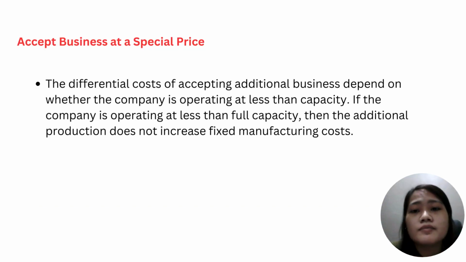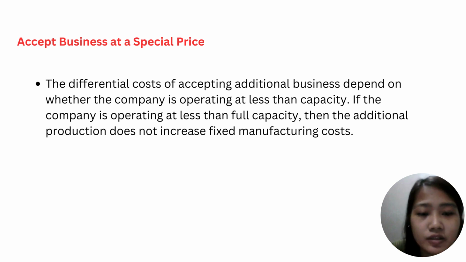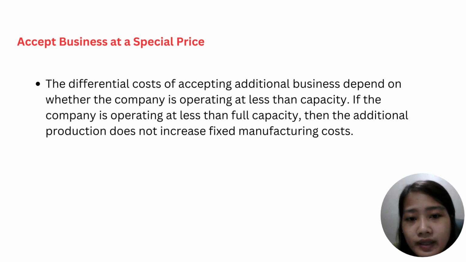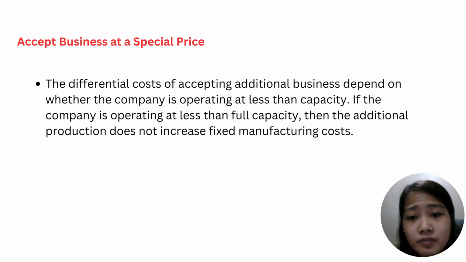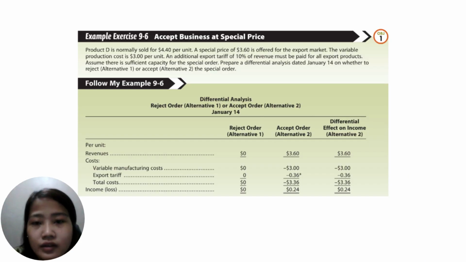So lastly, part of the decision in a differential analysis is to accept business at a special price. So the differential cost of accepting additional business depends on whether the company is operating at less than capacity. If the company is operating at less than full capacity, then the additional production does not increase fixed manufacturing costs. So we now have another example for accepting business at a special price.